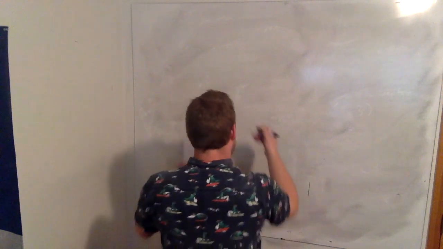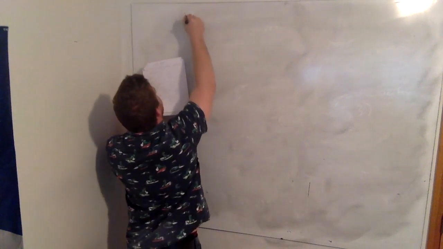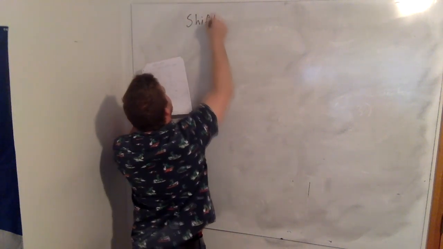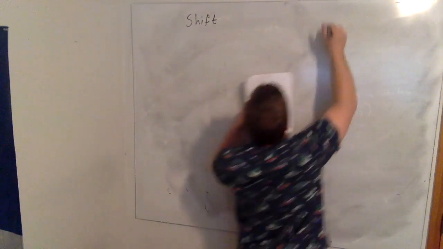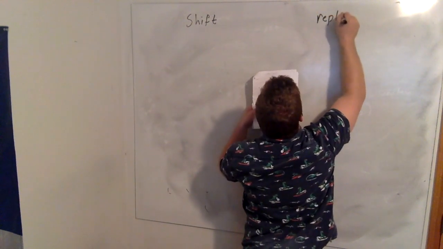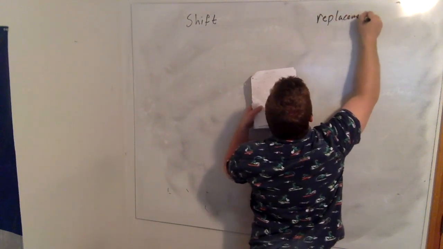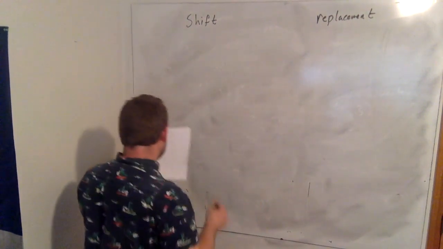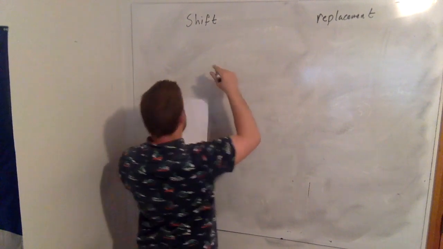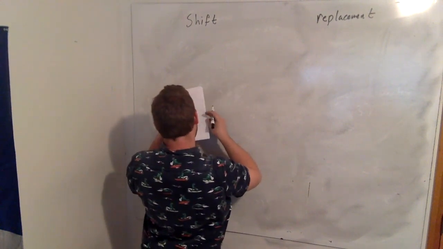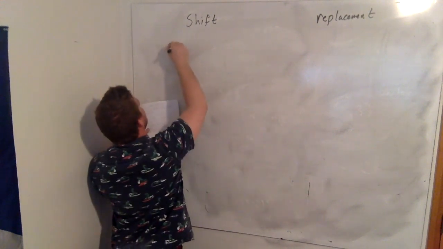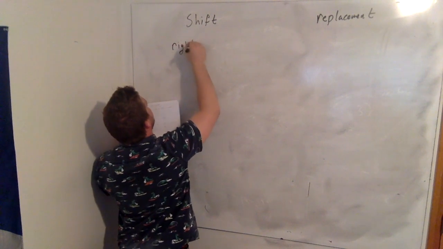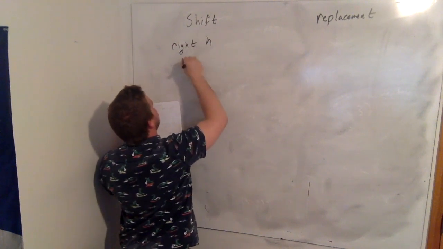So let's say we have some sort of shift, and then we have a replacement. Let's say we want to go right h units.